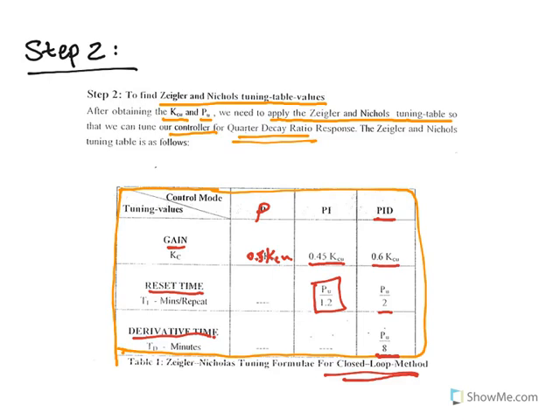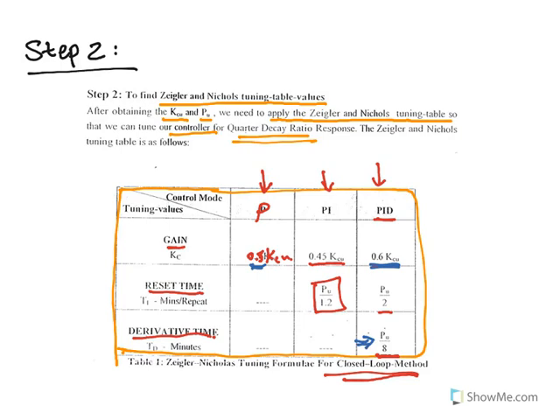Just to notice, in the case of proportional, PI and PID: here it is 0.5 multiplied by Kcu, but here we multiply by 0.6 because we have added the derivative.